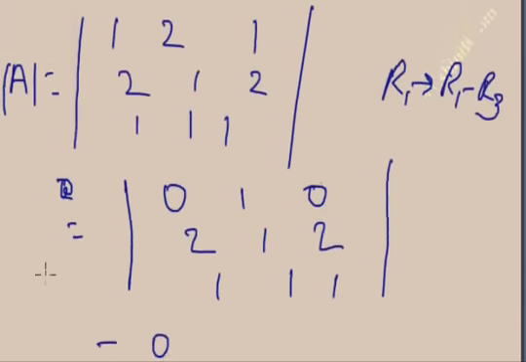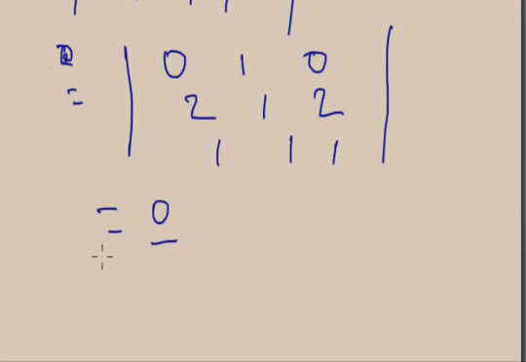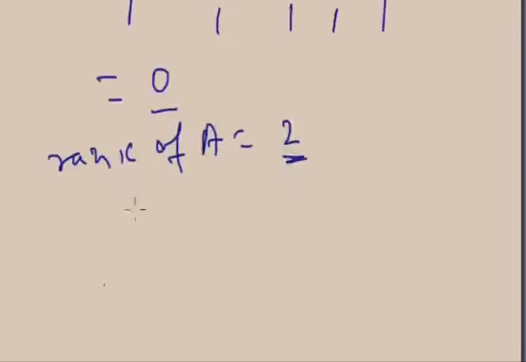So the determinant of A is 0. If you take a 2 by 2, suppose I am taking this 2 1, 1 2, the determinant is 4 minus 1, 3. So the rank is not 3, but the rank of A is 2.